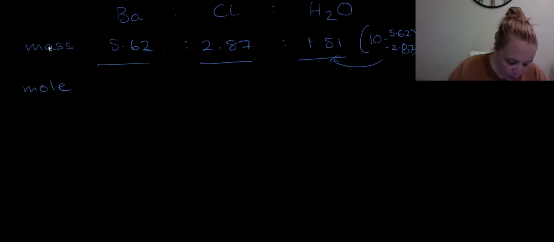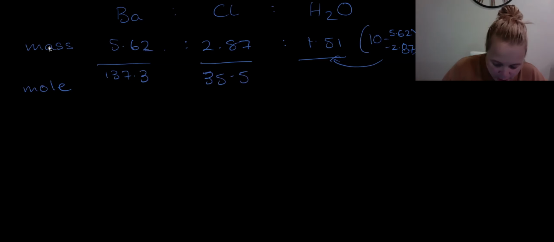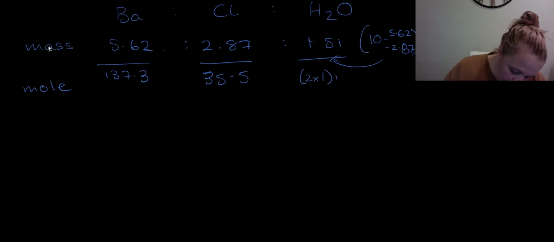When you look at the periodic table, you can see that barium is 137.3, chlorine is 35.5, and H2O is 2 times 1 plus 16, which means that it's equal to 18.